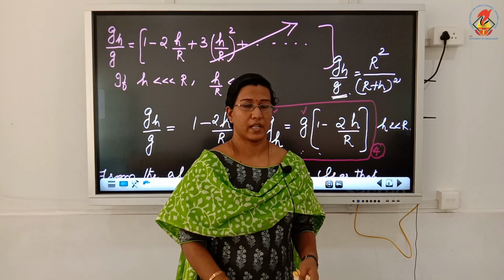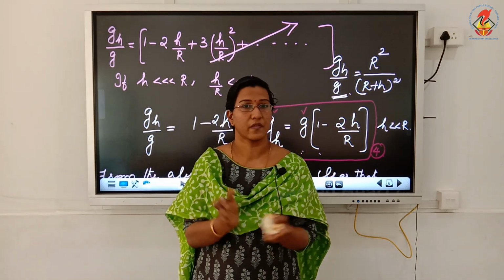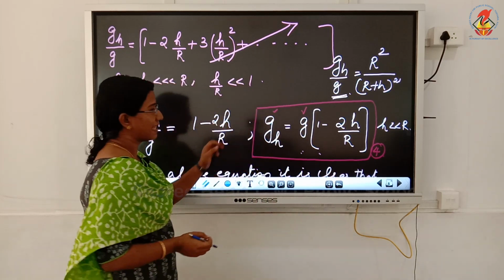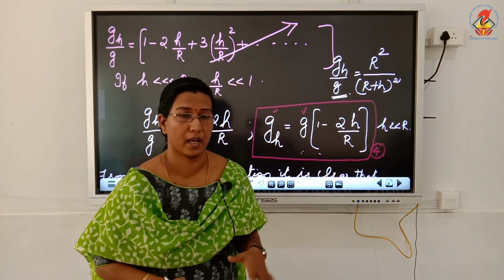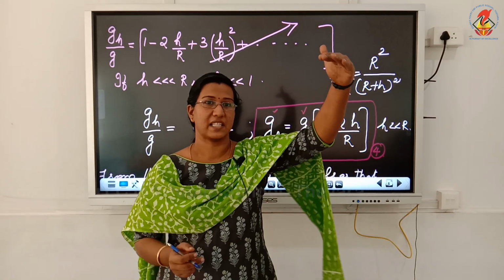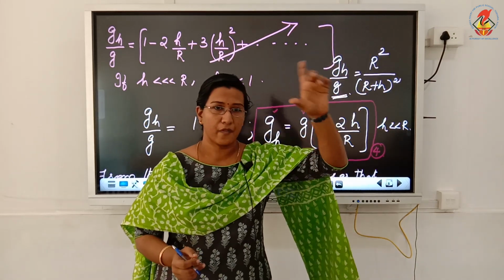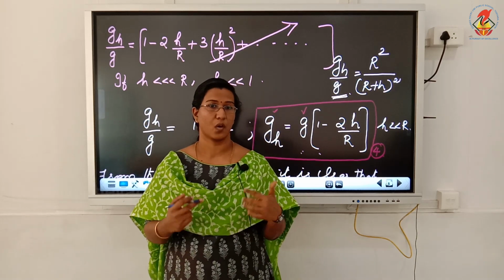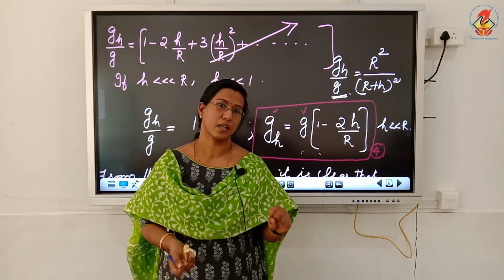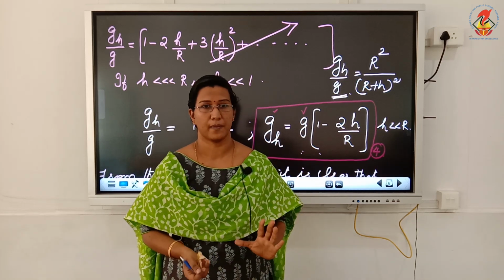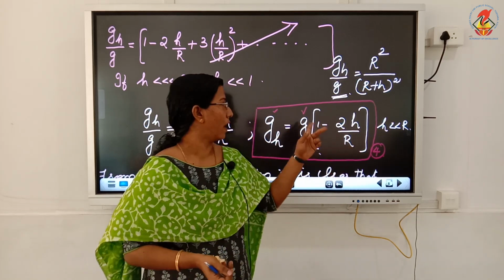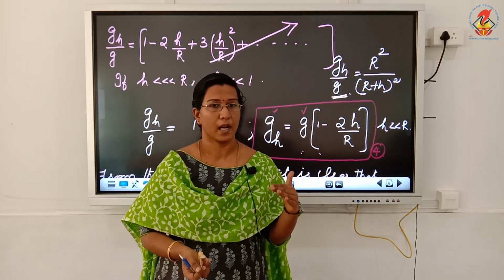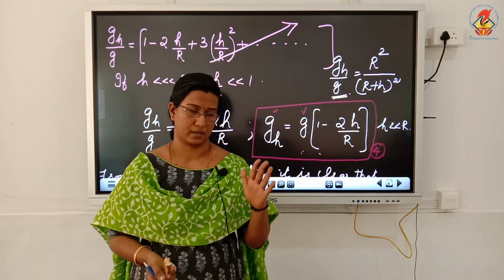We considered an object lying on the surface of the earth, and the equation for acceleration due to gravity is g is equal to GM by r square. Then we kept the object at a height h from the surface of the earth and formulated the equation as g_h is equal to GM divided by (r plus h) the whole square. Dividing the equations, we found the final equation, and we got two main equations, one of which is used only if h is a value very small compared to the radius of the earth.